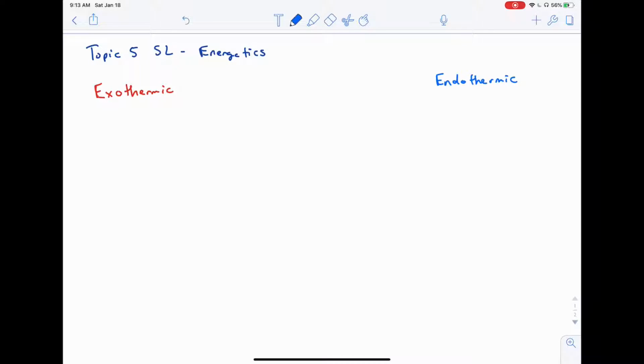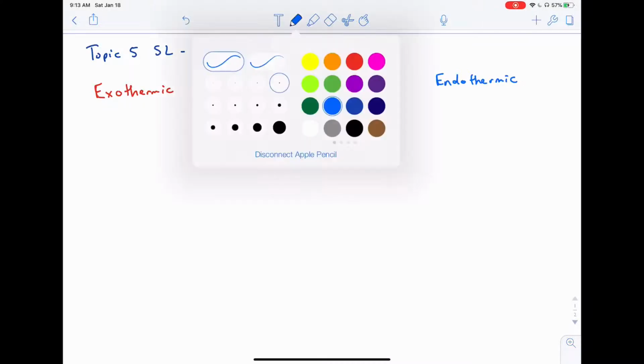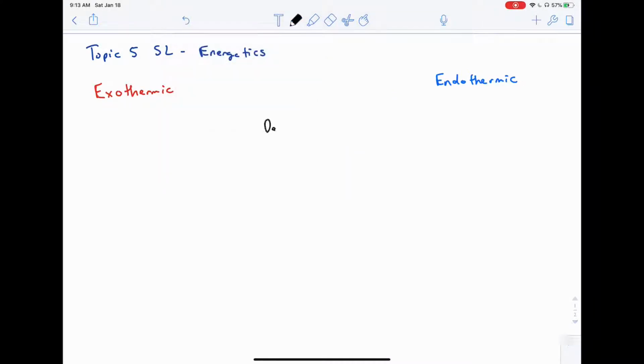I'm going to do this as a 3-column chart here, comparing and contrasting, because it's important that we understand everything relative to these two processes in a lot of different terms. And so the first and foremost is simply the definition.